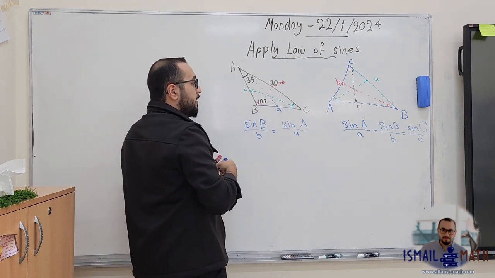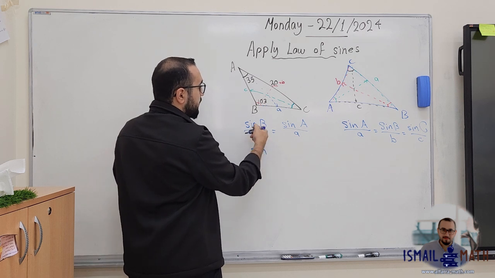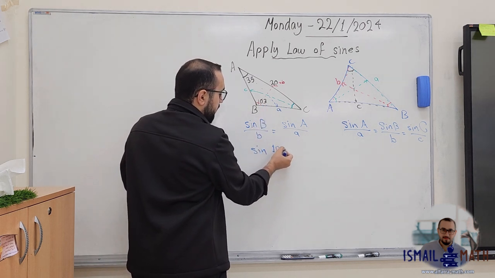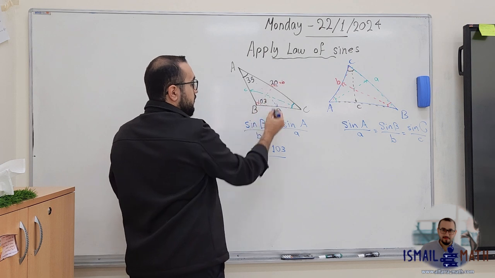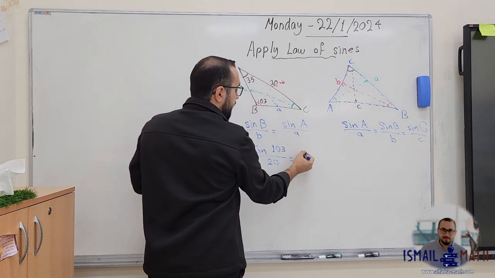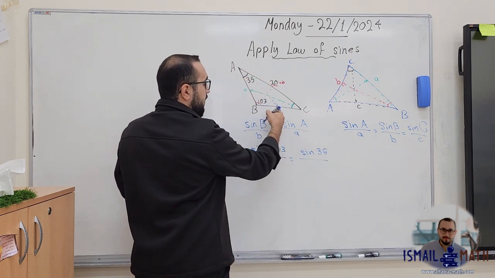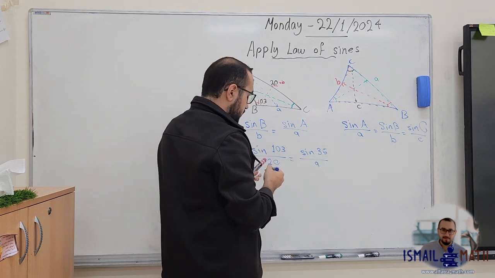Now just apply the numbers: sine B, which is 103, over small b, which is 20, equals sine 35 over small a.